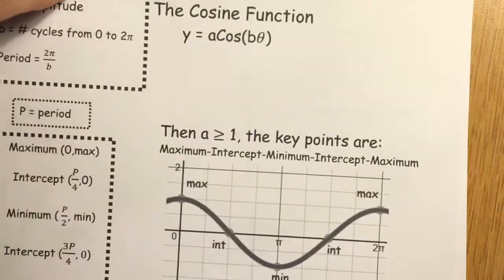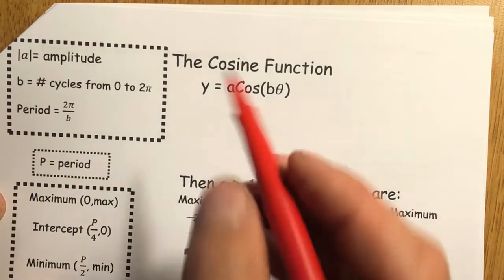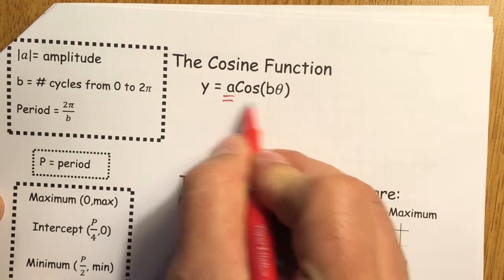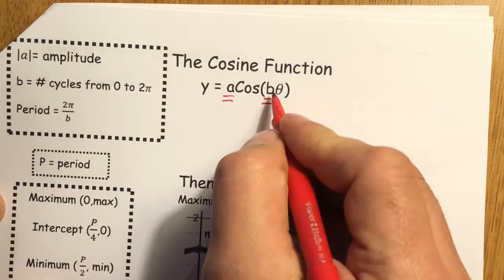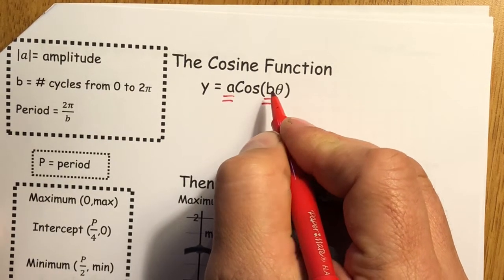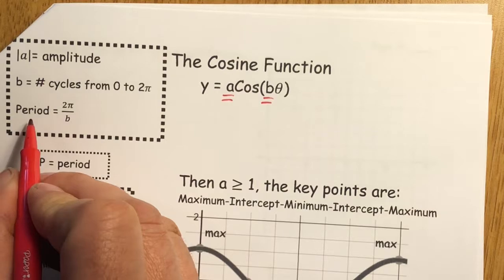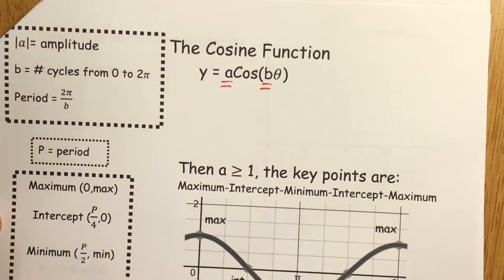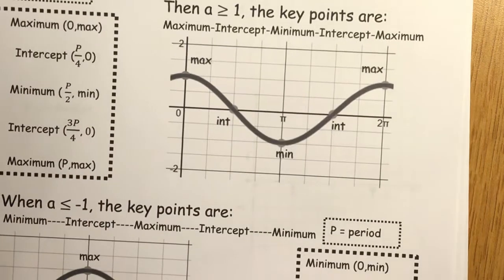Let's look at the second page of these notes, and these notes are posted in Schoology. Just like the sine function, we have the amplitude and we have b. Remember, b is the number of cycles from 0 to 2 pi, and to find the period is just 2 pi over b. We already talked about this.